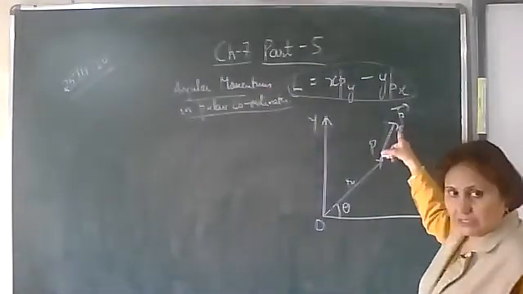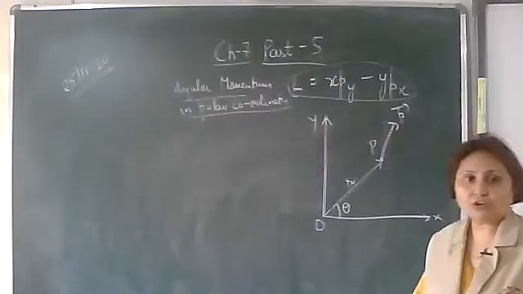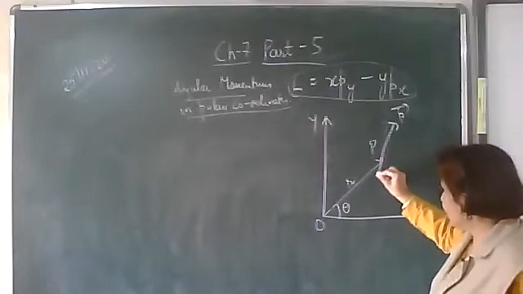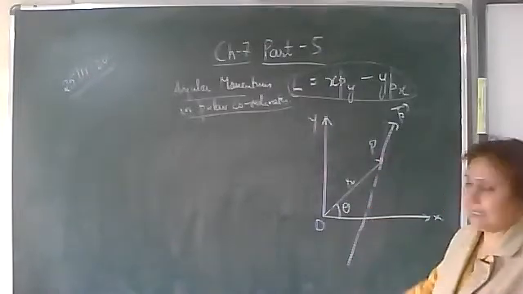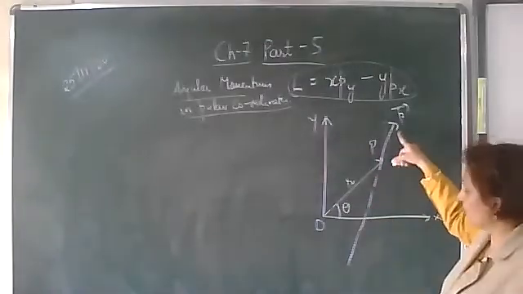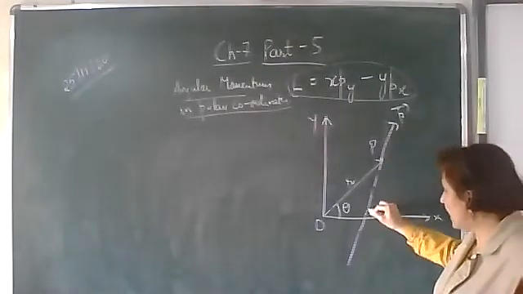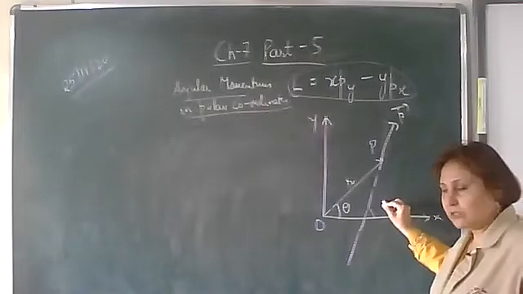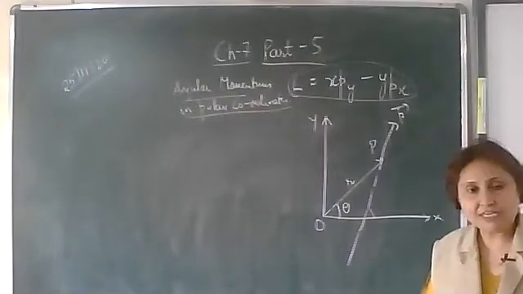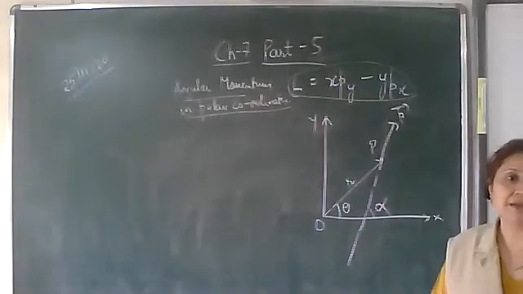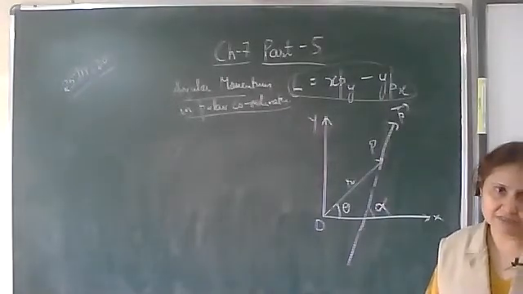In the previous figure, when we discussed torque in polar coordinates, the force was making an angle alpha with the x-axis. So the linear momentum is also making an angle alpha with the x-axis.